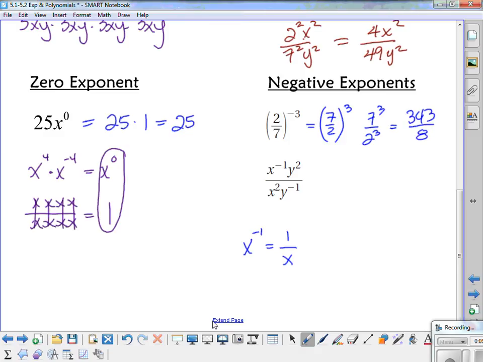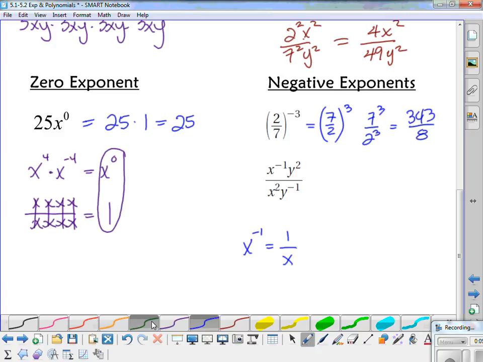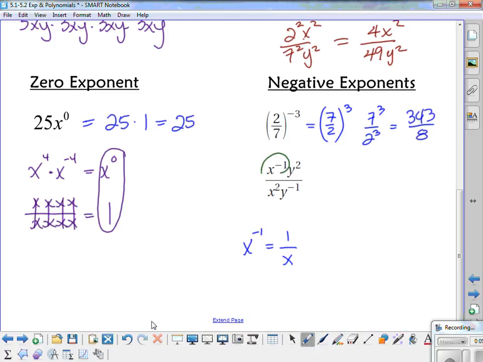And if we look at this last example real quickly, I see that I have an x to the negative 1 here and a y to the negative 1 there. So whenever you have a negative exponent, it has to move. If it's on the top, it moves to the bottom. If it's on the bottom, it moves to the top. Okay, so one way of thinking of it is he's negative. He's not a very happy guy, but as soon as you move him, he becomes positive and he's happy again.